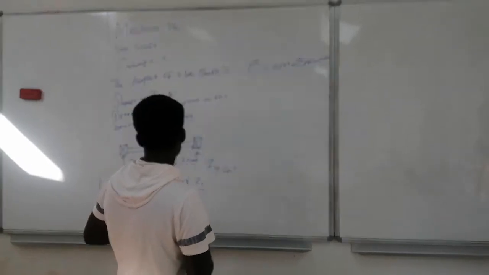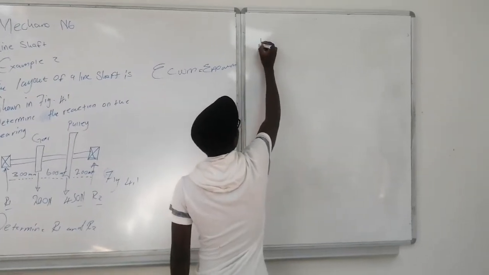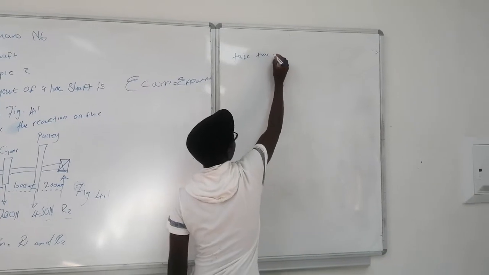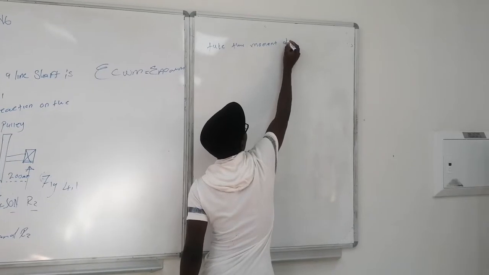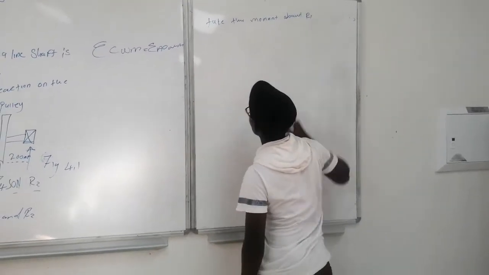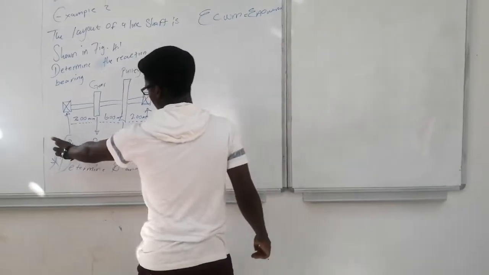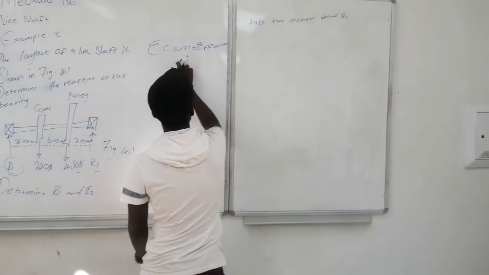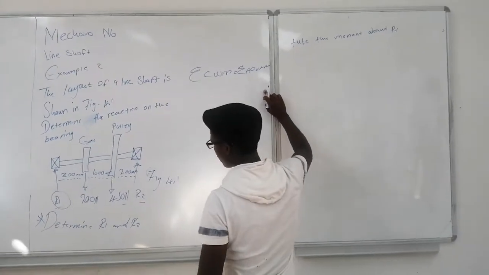Alright, so here we are going to take the moment about R1. This is R1. We are taking moment from R1 to R2. Therefore, sum of clockwise moments equals sum of anti-clockwise moments.